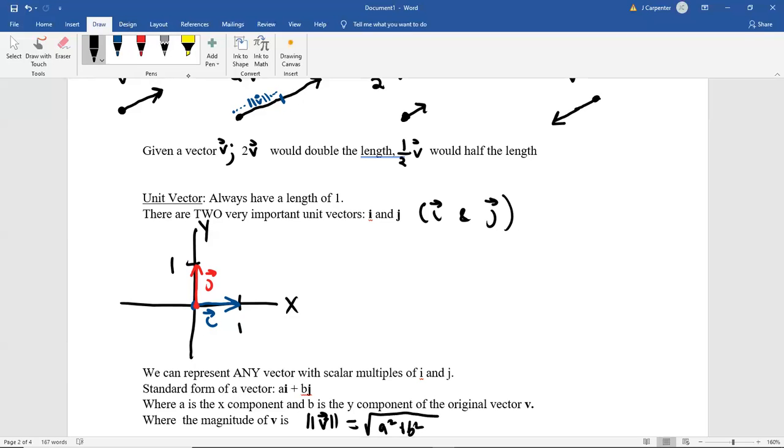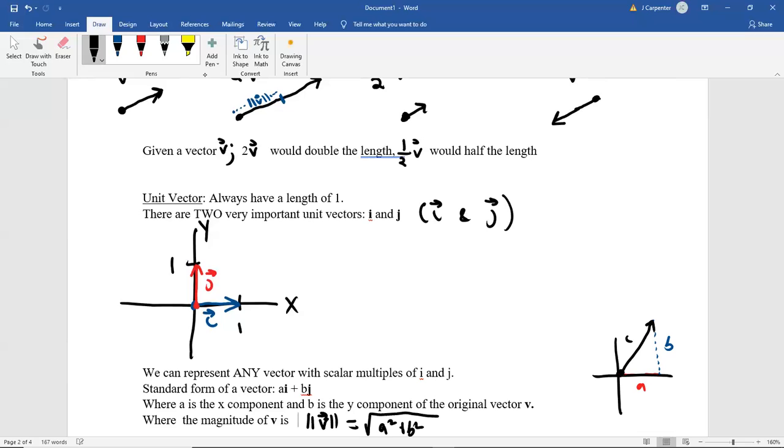And that's because, let's just say you start at the origin, and you go right based on A, you go up based on B, starting point, terminal point.